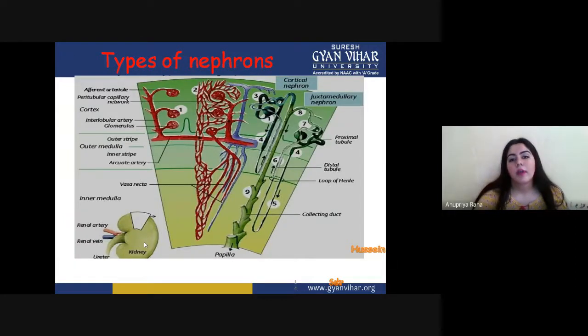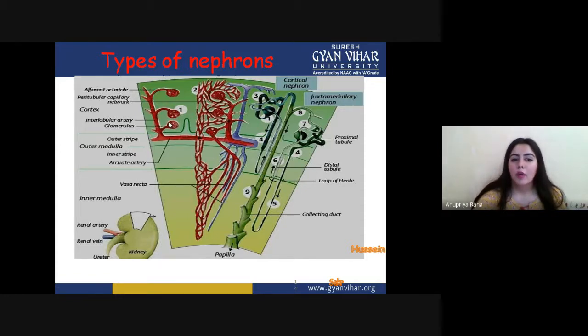So these are the types of nephrons in diagram representation. That one is called the cortical nephron, the juxtamedullary nephron, efferent arterioles, peritubular capillary network. You can see how the capillary network works around the nephrons. Interlobular artery, glomerulus. This is the glomerulus structure, formed by the arteries here.